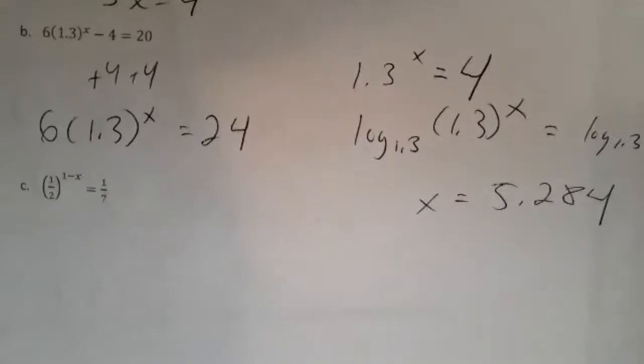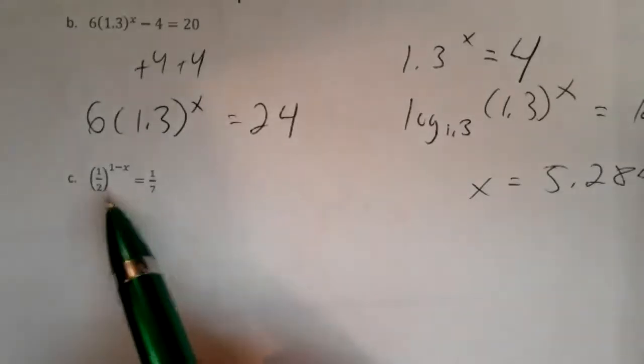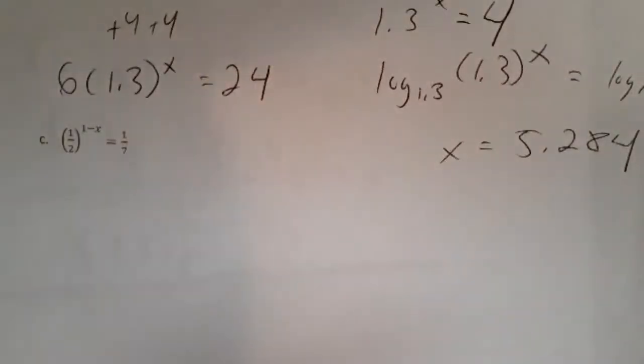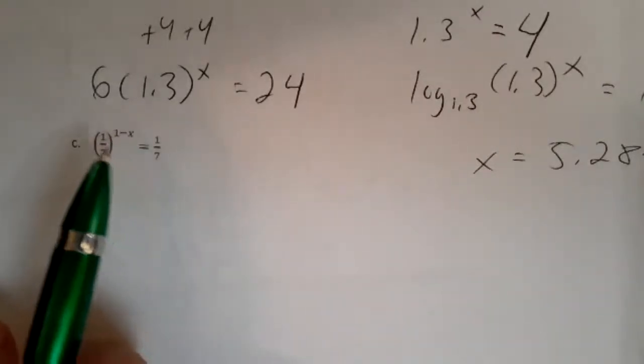All right, last one: 1/2 to the 1 minus x equals 1/7. You might notice that guy's already there. This is an exponential already.